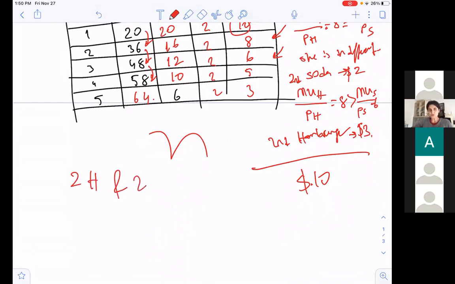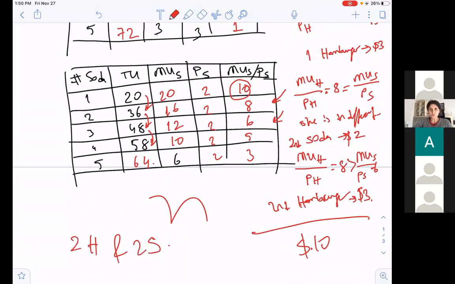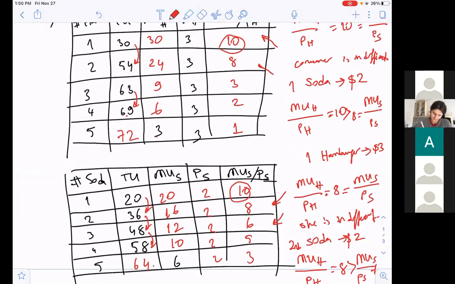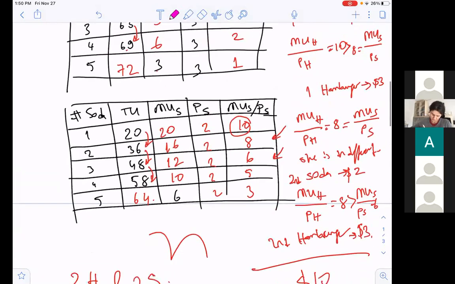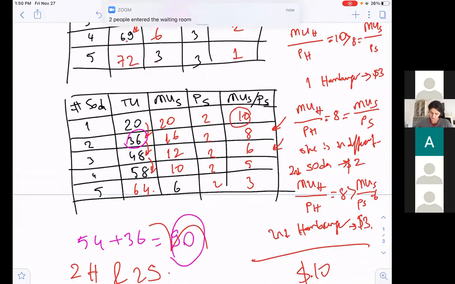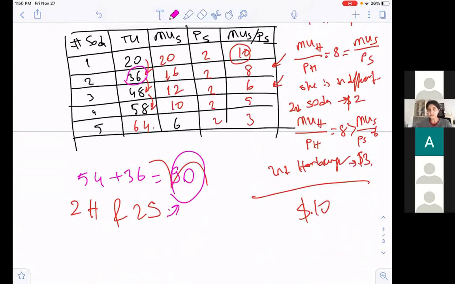What is the total utility she obtains from consuming 2 hamburgers and 2 soda? The utility she obtains from 2 hamburgers is 54. 54 plus 36 from 2 soda is 90. This is the total utility from this consumption, so this is the utility maximizing choice bundle.